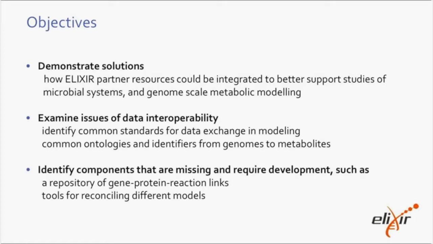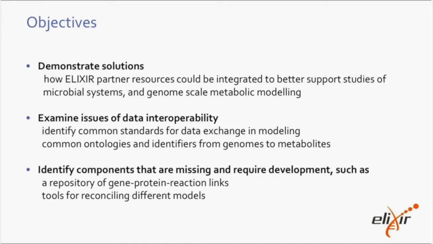Now, the objectives of this particular implementation study were really to look at how our resources, the resources of the ELIXIR partners involved in this study, could be integrated to better support these kinds of activities. This involved looking at issues of data interoperability between the systems.